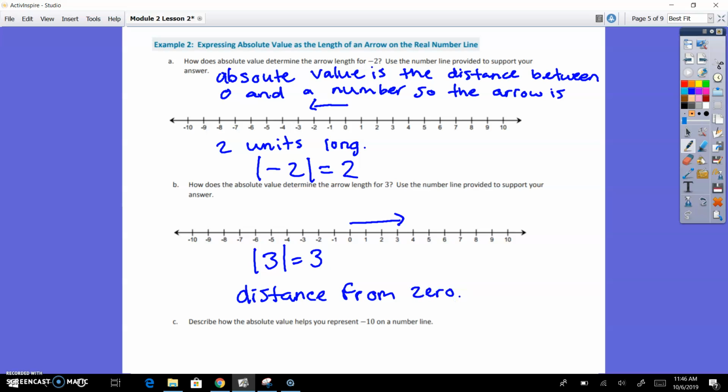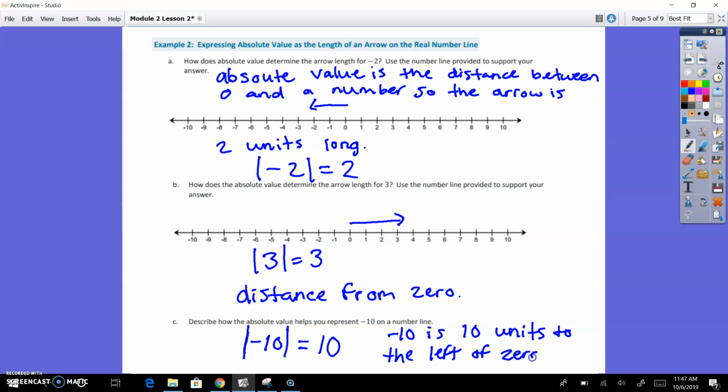Describe how the absolute value helps you represent -10 on a number line. So the absolute value of -10, and these straight lines are absolute value lines, is equal to 10. -10 is 10 units to the left of 0.